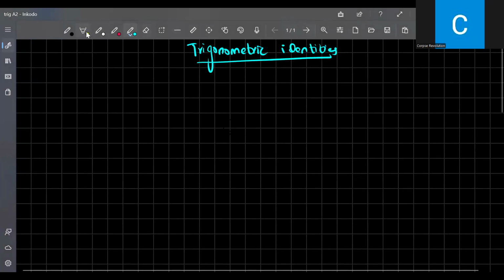So in this lesson, we are going to study three types of identities. Number one, basic trigonometric identities. Number two, compound angle identities.